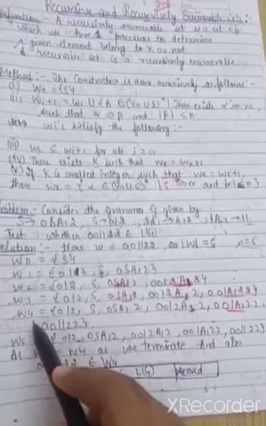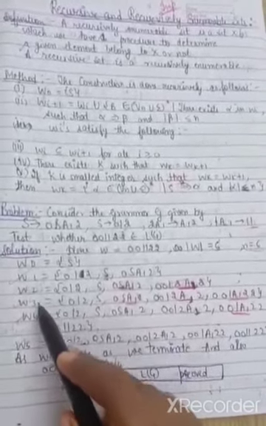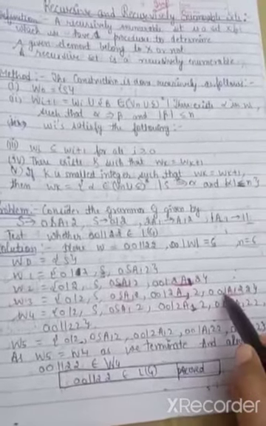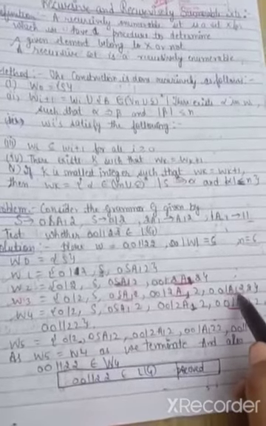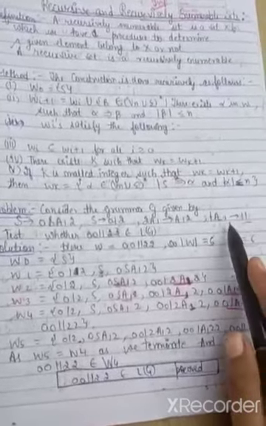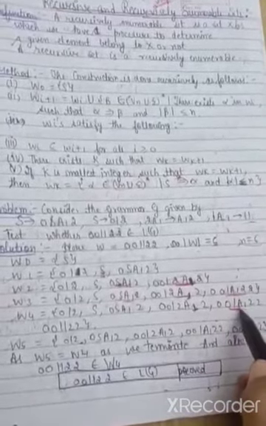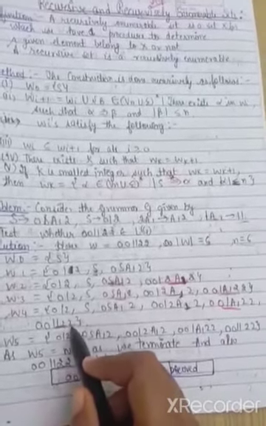After that, we will consider W4. This W4 contains all the elements of W3, and in the previous production of W3 where 1A1 is present, we have a production for this 1A1, which is 11. So we replace this 1A1 with 11 in the W4 production.